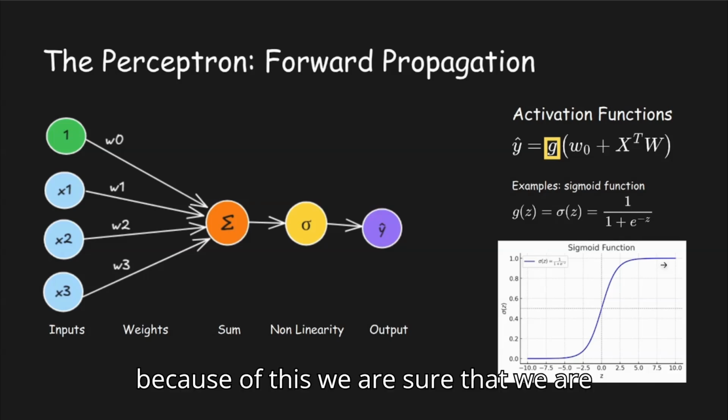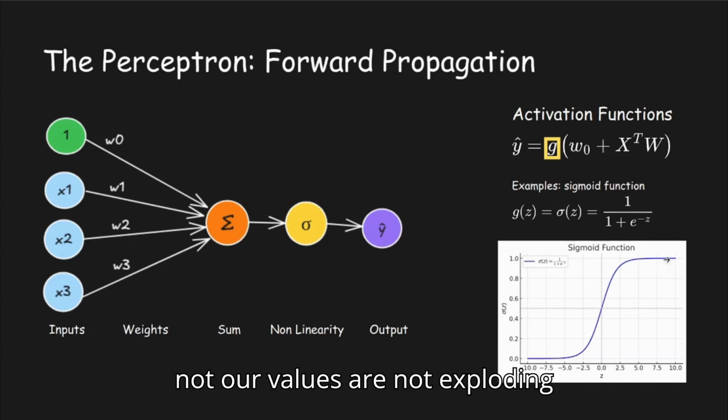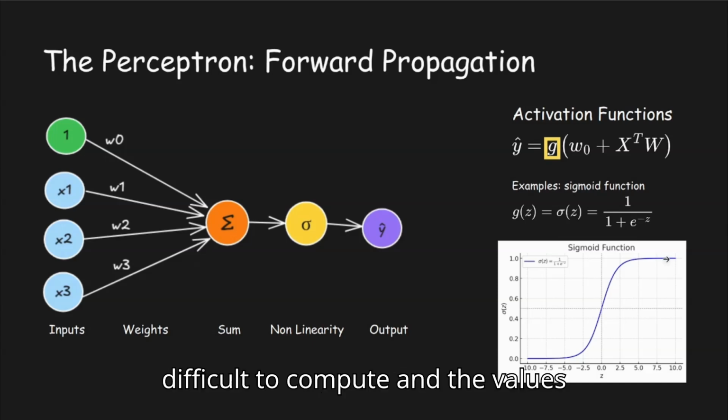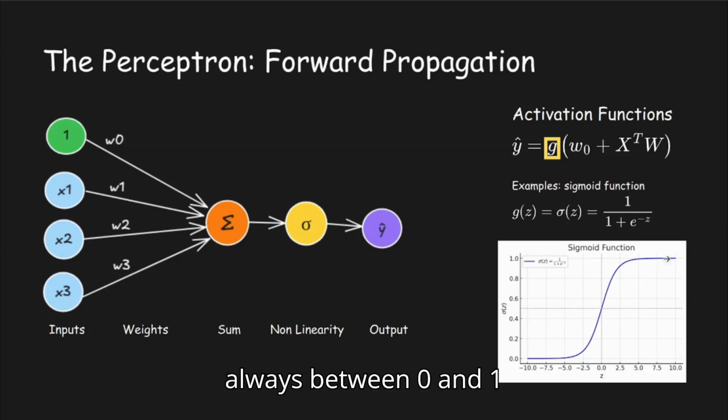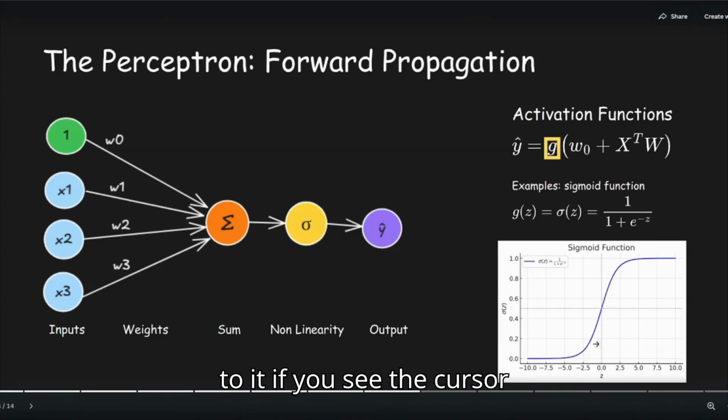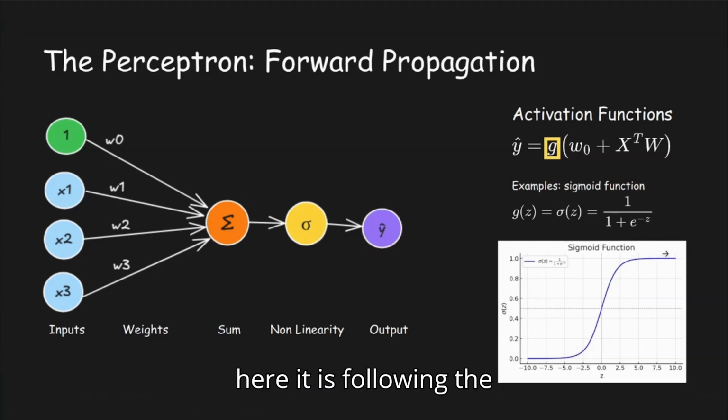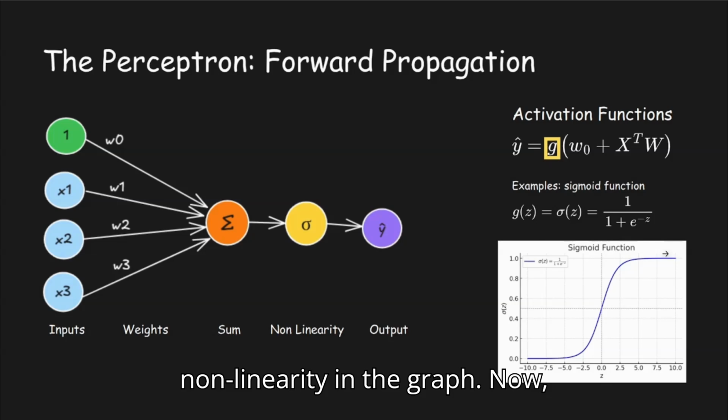Because of this, we are sure that our values are not exploding into really large numbers that are difficult to compute, and the value is always between 0 and 1. And also it adds a non-linearity. If you see the cursor here, it is following the non-linearity in the graph.